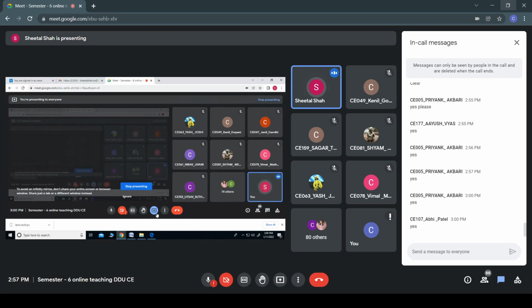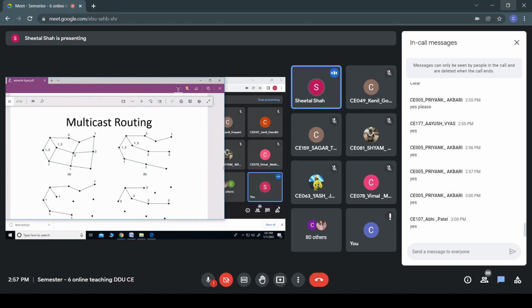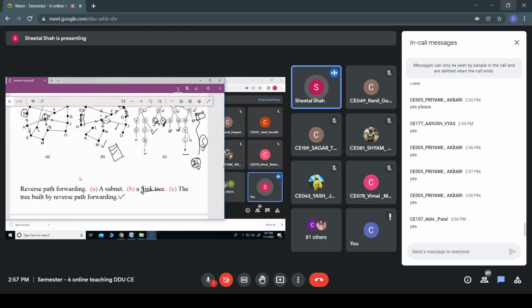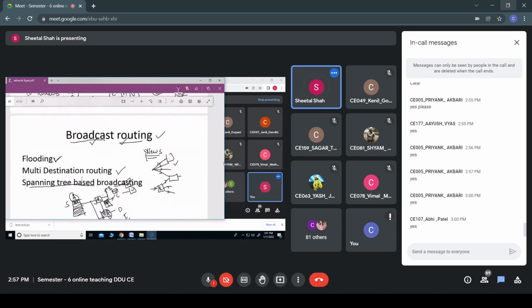Right, so we do these two activities, distinct activities. So we understood broadcast routing and its different ways. One way is to broadcast to each and every destination. The other way is to use flooding. One more way is to use multi-destination routing.